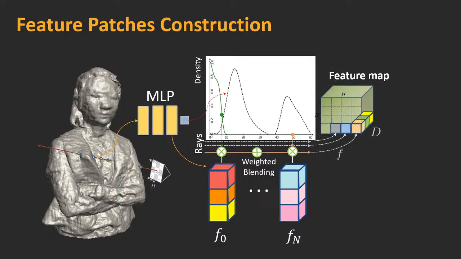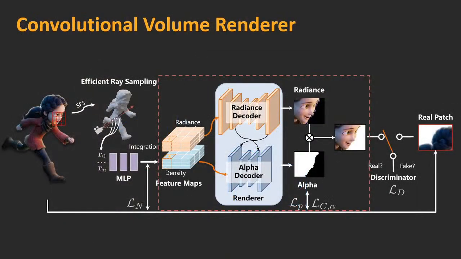Finally, we concatenate nearby ray features into local patches for the following convolutional rendering. After feature patch construction, we can obtain a view-dependent radiance feature map and opacity feature map for each patch, which will be fed into the convolutional volume renderer.